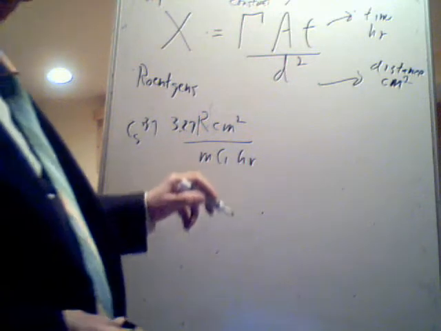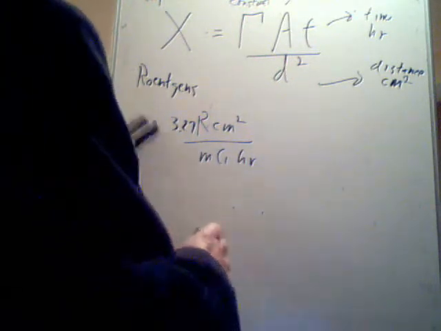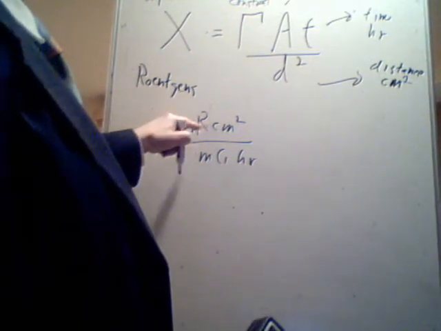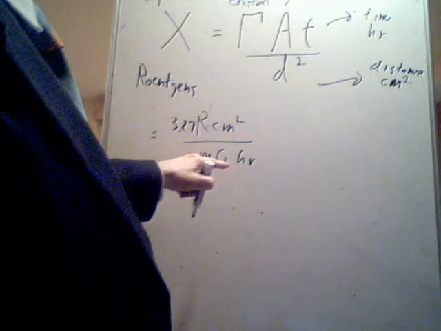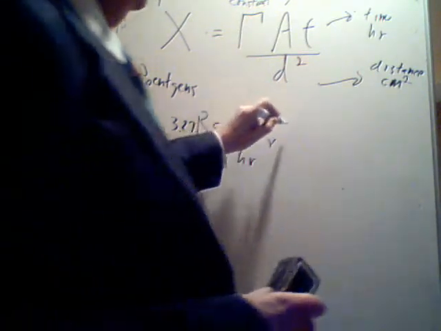So this problem would then become X is going to be equal to 3.27 Roentgen centimeters squared per millicurie hour times 25 millicuries times 40 hours.